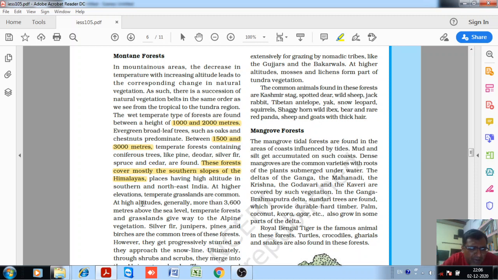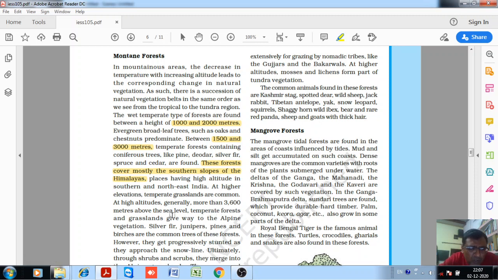Okay, so at higher elevations, grasslands are common. It means as height is increasing, the amount of vegetation is also decreasing because temperature is decreasing, and rainfall is decreasing.